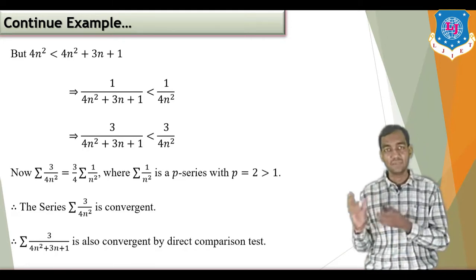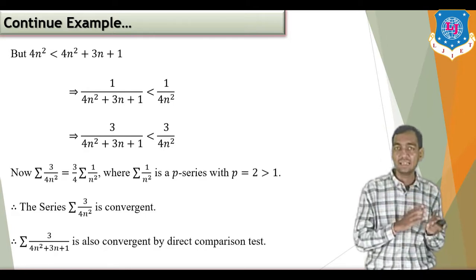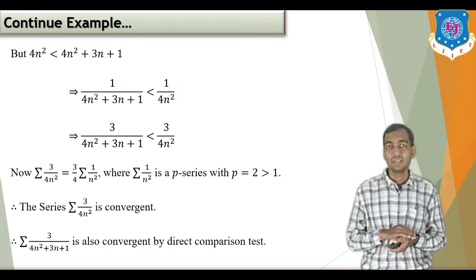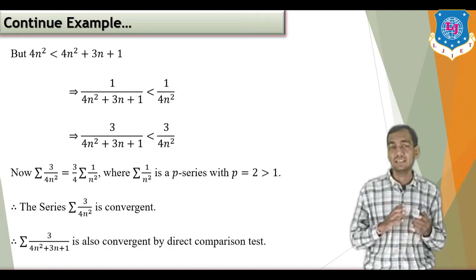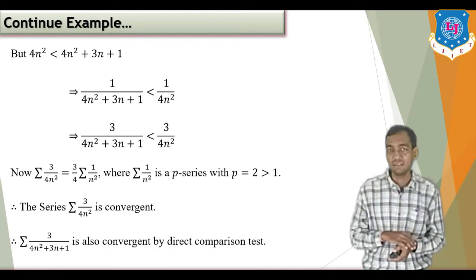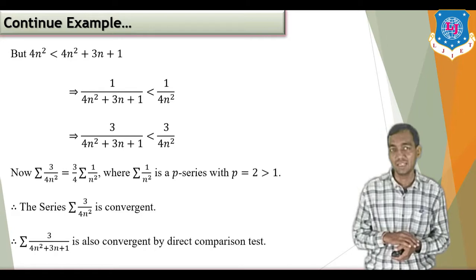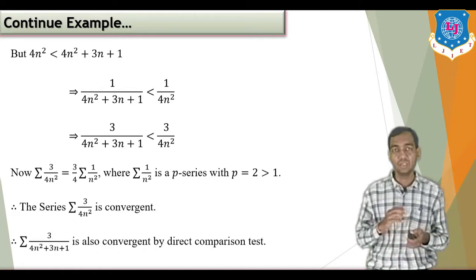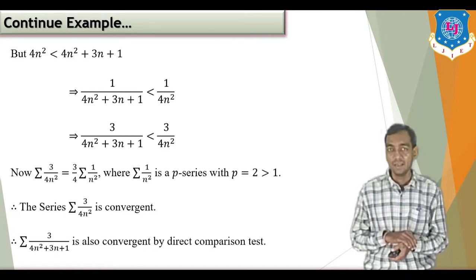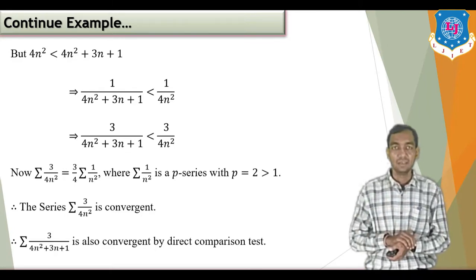Now see here, the left hand side is your un, correct? So we are going to consider the right hand side equal to vn. That means the right hand side is the series which we require. In the right hand side we have the series 3 upon 4n square. So sigma 3 upon 4n square can be rewritten in the form of 3 by 4 into sigma 1 upon n square. And sigma 1 upon n square is a p series which we have already seen, correct?